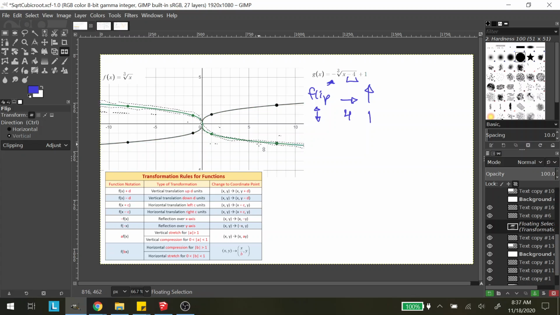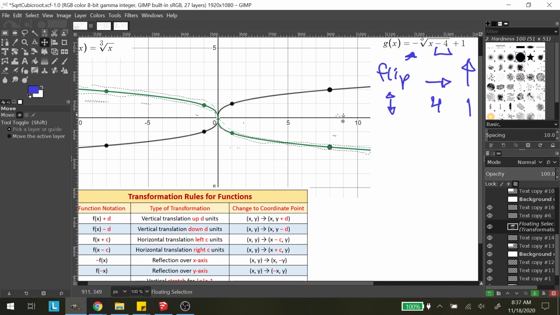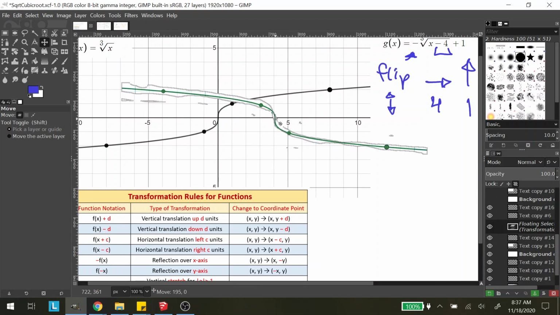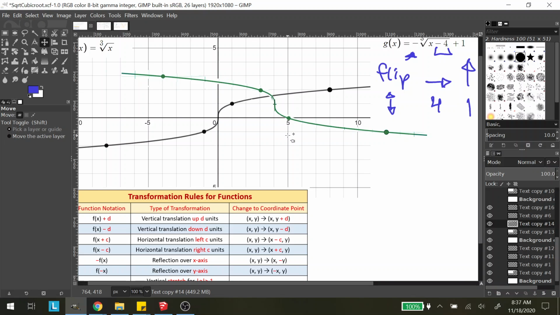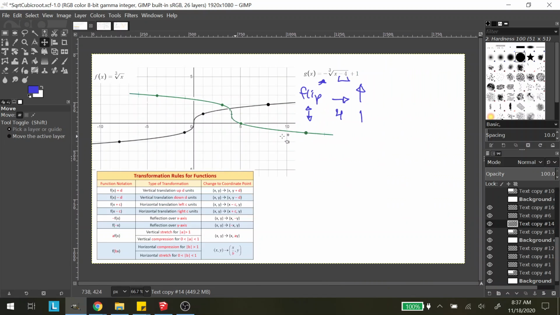Boom, flipped it vertically. Then I'm going to move it. I'm going to move it right 4 up 1. Right 4 up 1. I'll try to make it centered for you. And that's it. Simple as that.